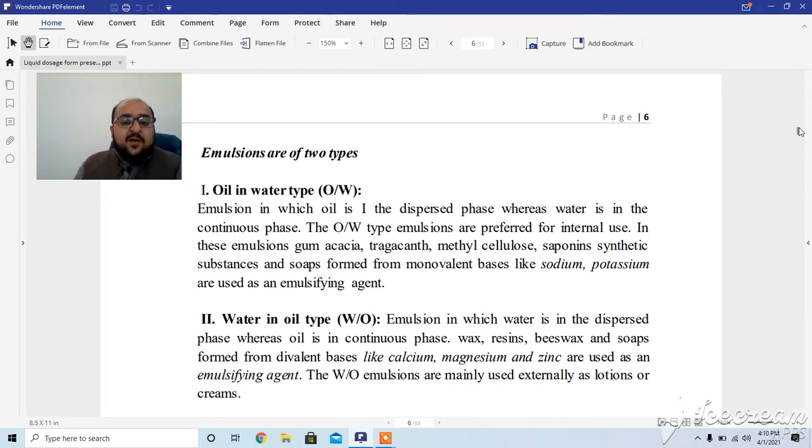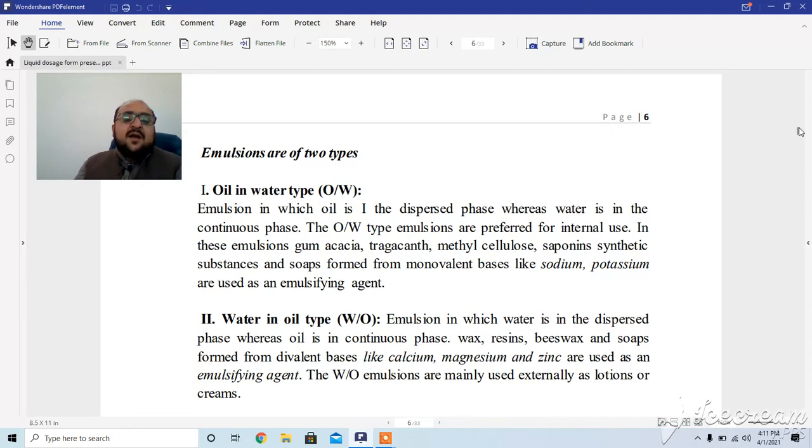The oil and water type emulsions are preferred for internal use. In these emulsions, gum acacia, tragacanth, methyl cellulose, saponin, synthetic substances, and soaps formed from monovalent bases like sodium and potassium are used as emulsifying agents.